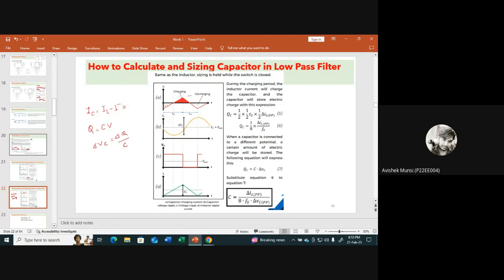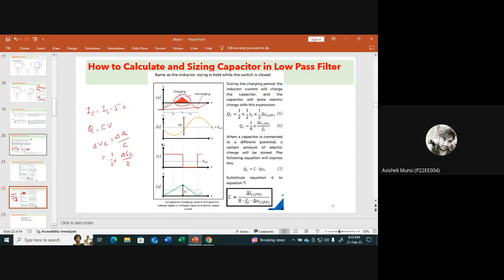If you go to the on time area, this is basically a triangle, and if you consider it, this is half into the on time current, which is the ripple current across the inductor divided by 2, because we are not taking the whole, we are taking half of it.